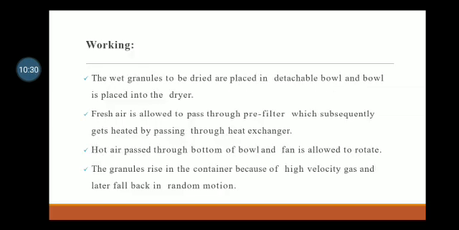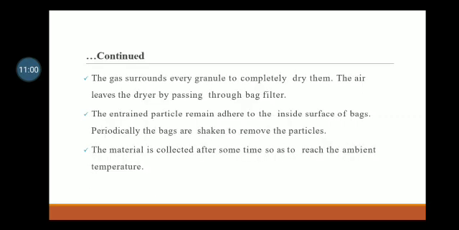Working. The wet granules to be dried are placed in the detachable bowl and the bowl is placed into the dryer. Fresh air is allowed to pass through the pre-filter, which subsequently gets heated by passing through the heat exchanger. Hot air passes through the bottom of the bowl and the fan is allowed to rotate. The granules rise in the container because of the high velocity gas and later fall back in random motion.